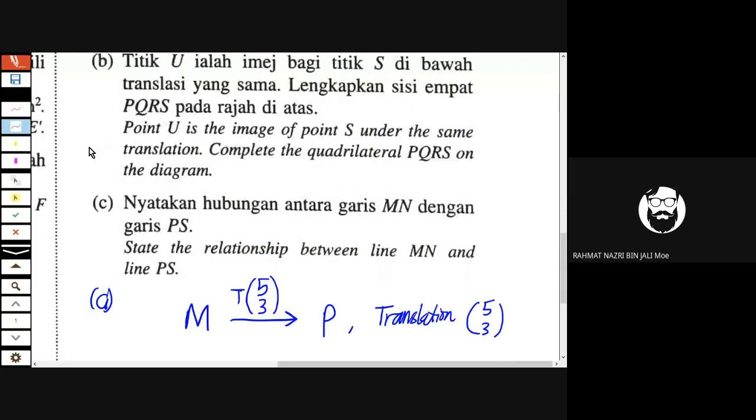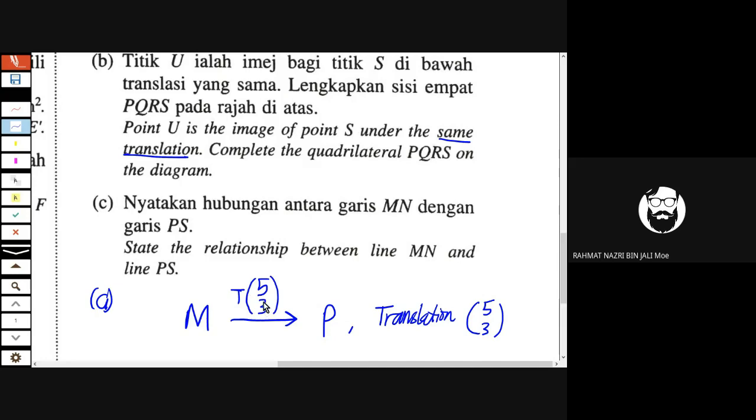Okay, soalan B. Point U is the image of S under the same translation 5, 3. Same translation, maksudnya inilah 5, 3 lah, dia akan guna 5, 3 juga. Complete the quadrilateral PQRS on the diagram.